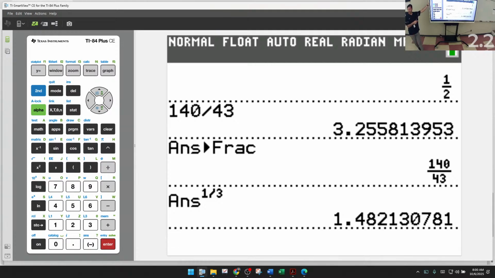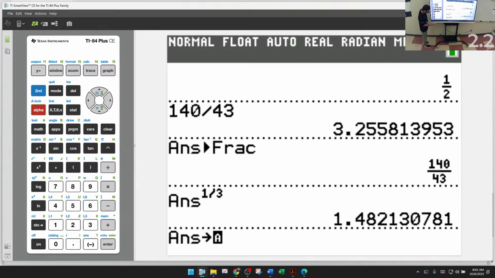Leave that in your calculator, though. Don't round. Round on your paper, but don't ever round in the calculator. If you have to, start doing this. Hit this little STO button. That's going to store it wherever you put it, like alpha R for ratio, but you can put alpha A or alpha B or whatever you want.